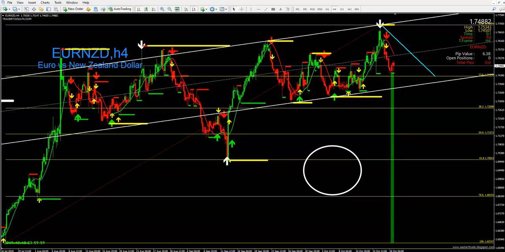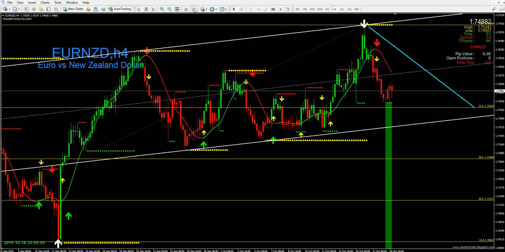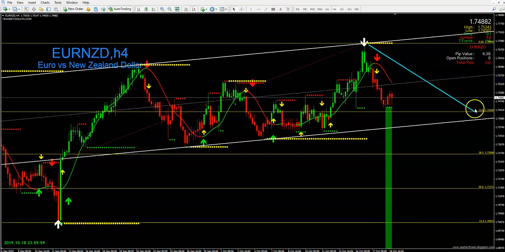So the next pair for you is analyzed based on the 4 hours, and this is the Euro versus the New Zealand, and this is giving us a triple arrow coming down. So it's a bearish market. I gave you guys this trade last week. We analyzed it live on our Wednesday class, and we did agree the market was trending down.